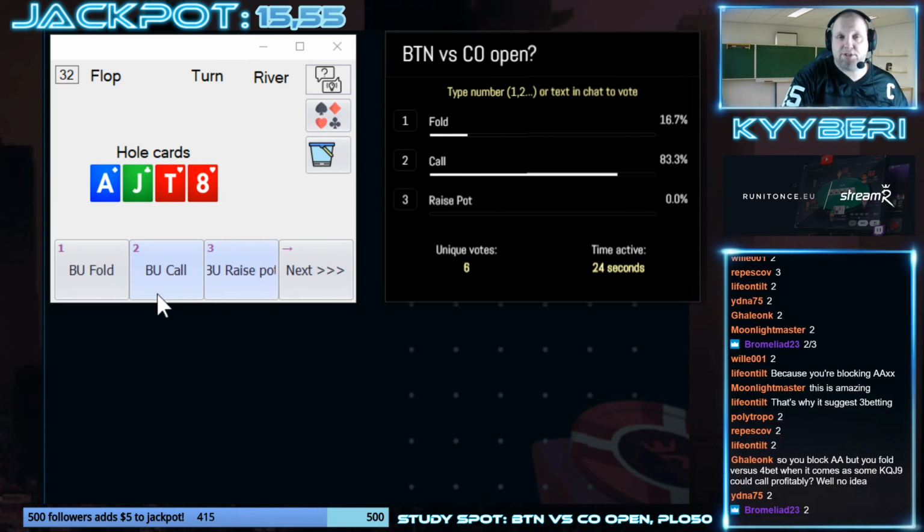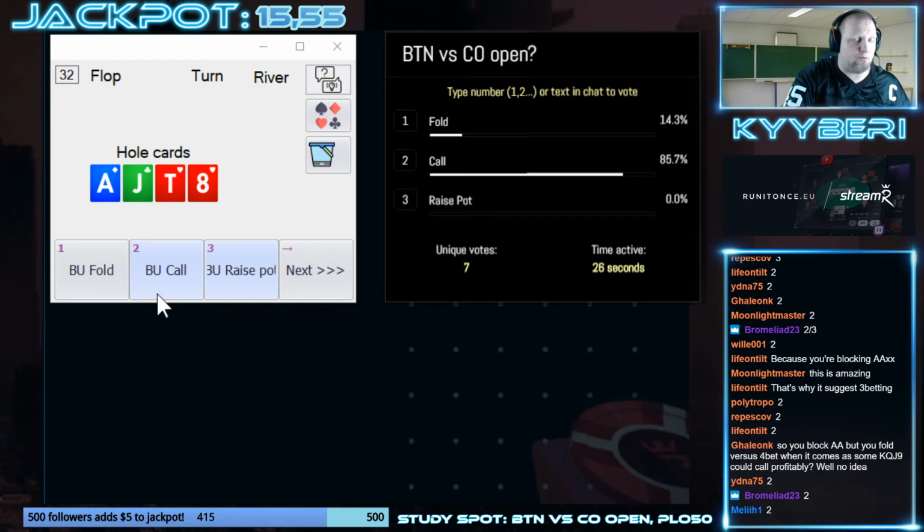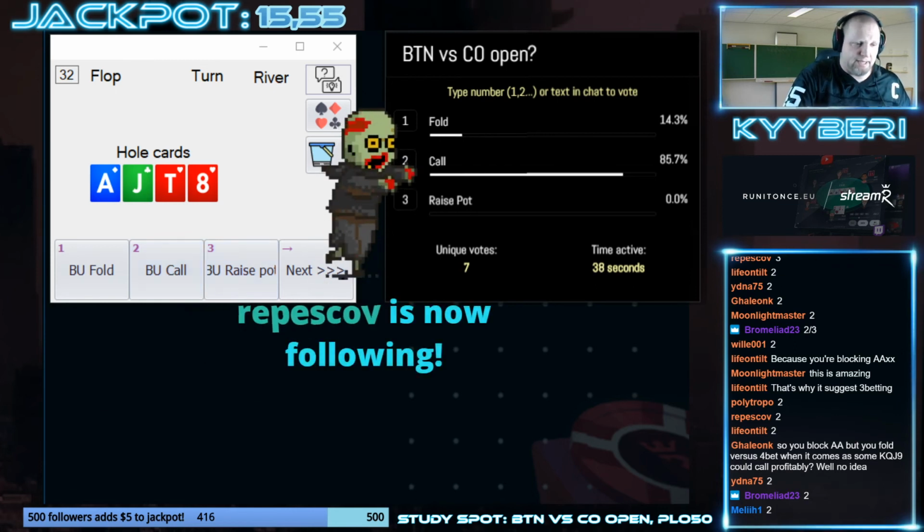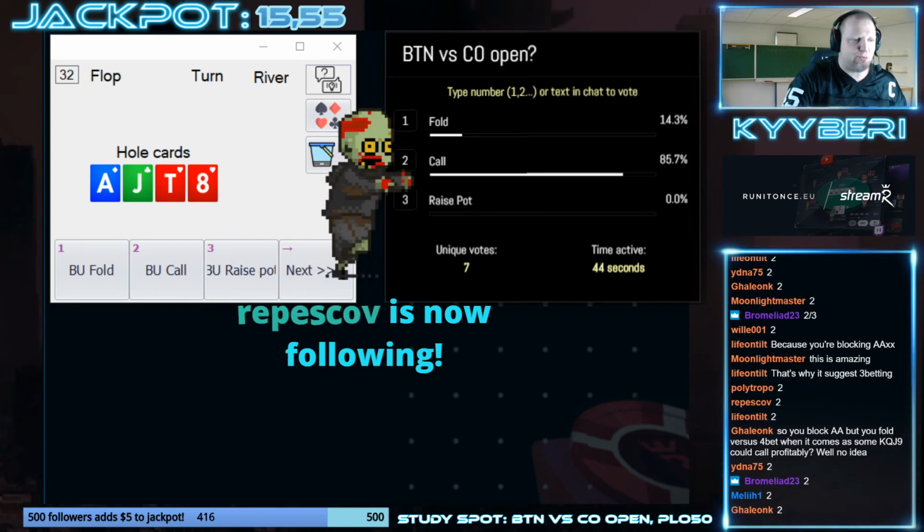Well, I have to say that I don't know how solver plays versus 4-bets. What I have done, calculating equity, like calling that ace high rundown versus ace 4-bet, then 100 big blinds deep, pinning the flop is very close to break even.